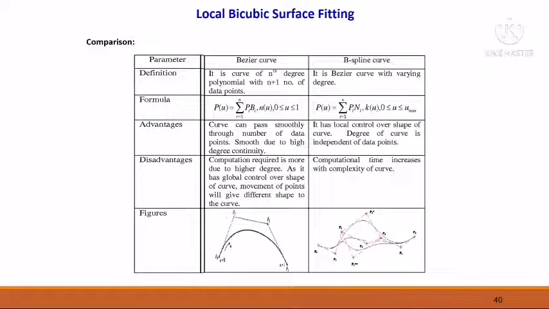When coming to comparison, the definition of a Bezier curve and a B-spline curve: a Bezier curve is an n-degree polynomial with n plus 1 points, which only sees the alternate data points, something like a graph. But the B-spline curve is more detailed and a bit of an extension of the Bezier curve, where we only change the degree.